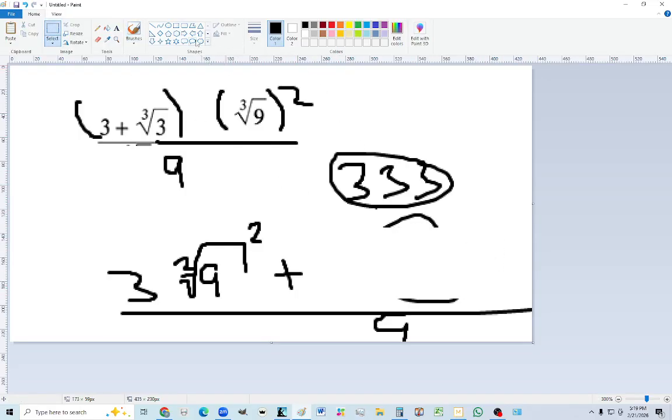So that is the equivalent of the cube root of 27 times, what did it end up being? The cube root of 9. Well, the cube root of 27 is 3.